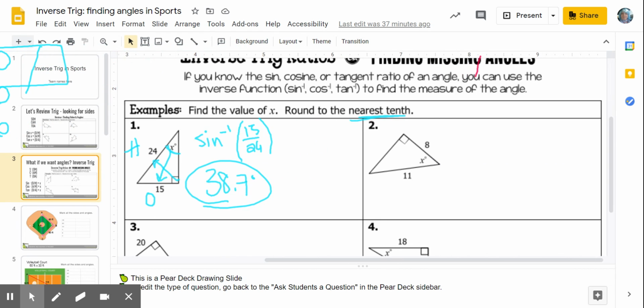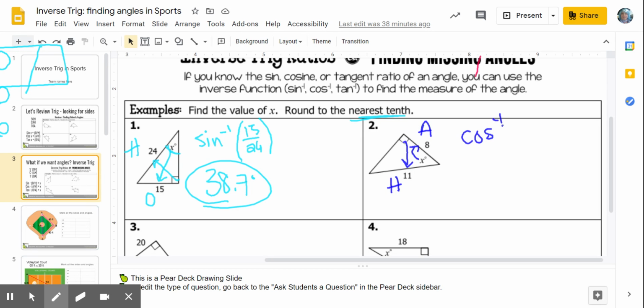What would you do for number 2? We're going to do cosine. Why are we going to do cosine? What's the 11? Excellent. So we're going to do cosine.